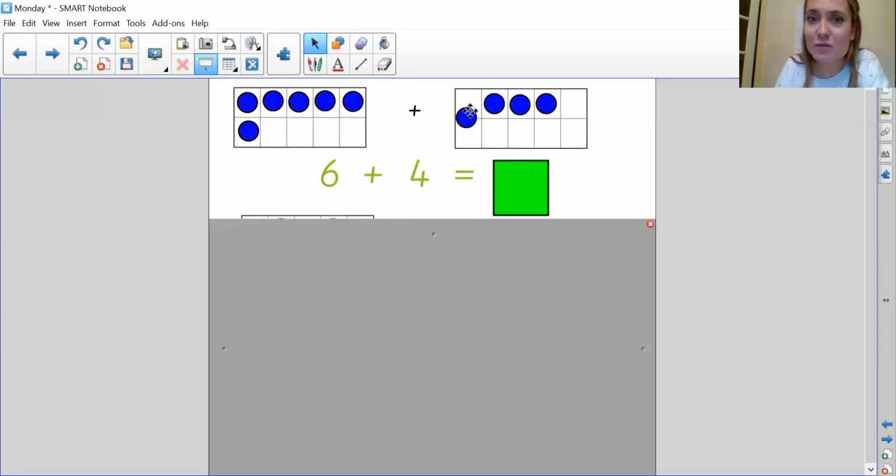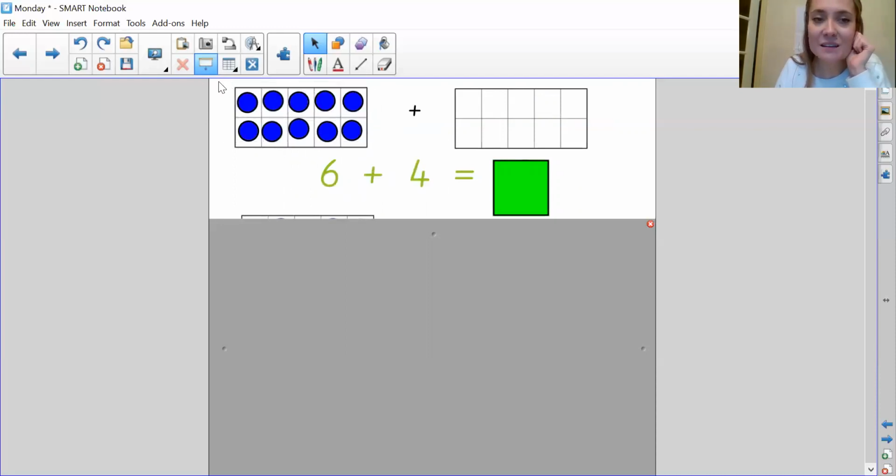Let's see if you're right. I'm going to move my full ones over onto this side. Let's see what I've made. Are you ready? 1, 2, 3, 4. Can you see that? What have I made? That's right, I've made a 10.